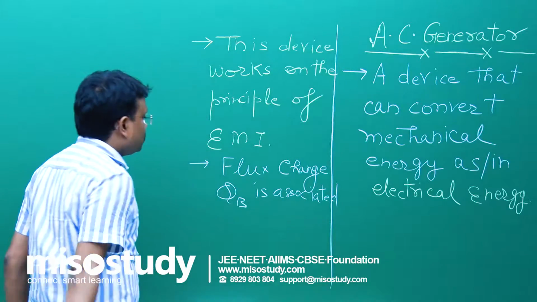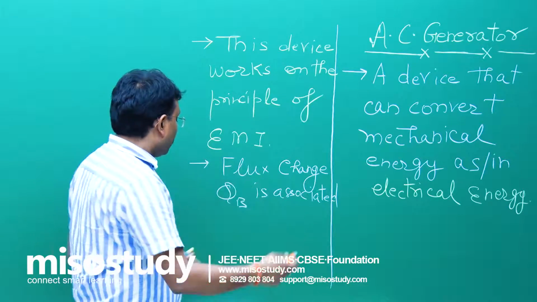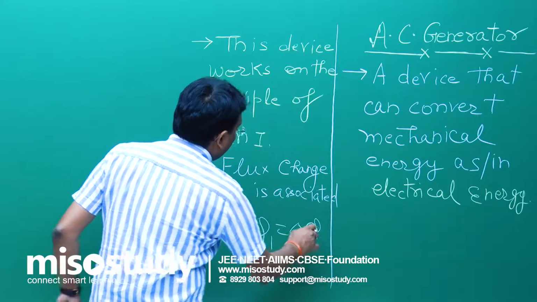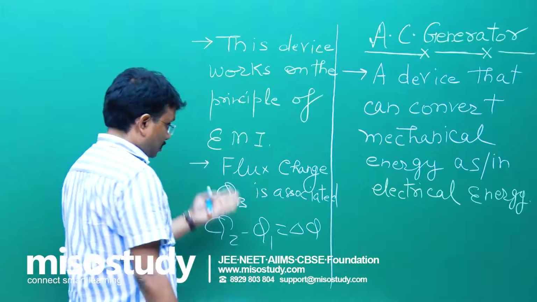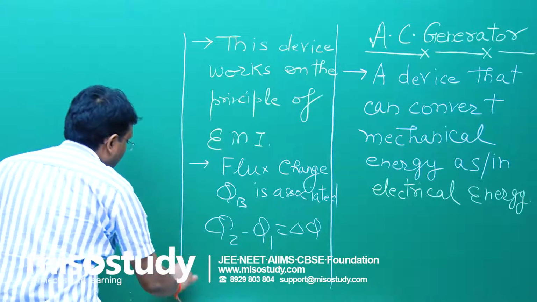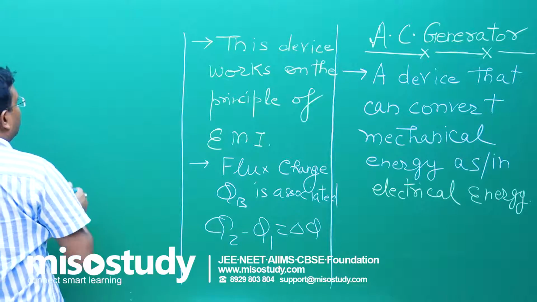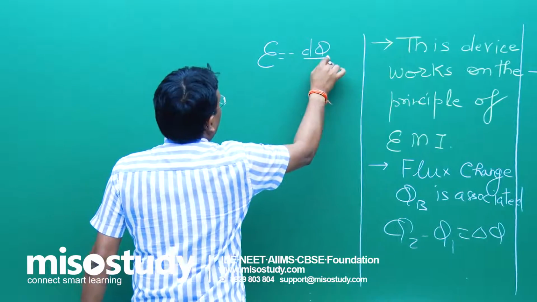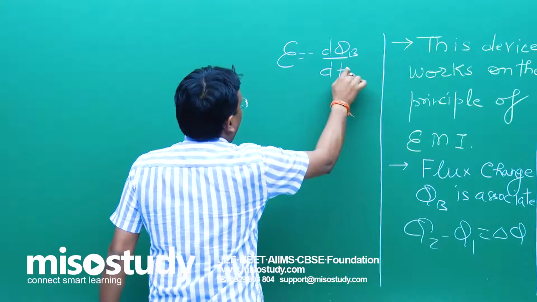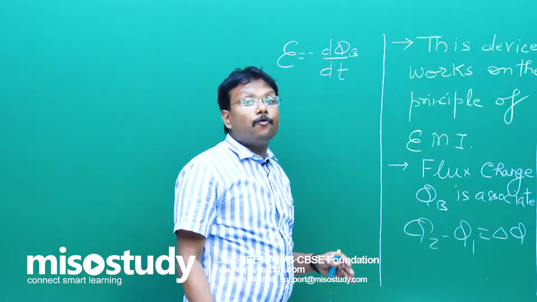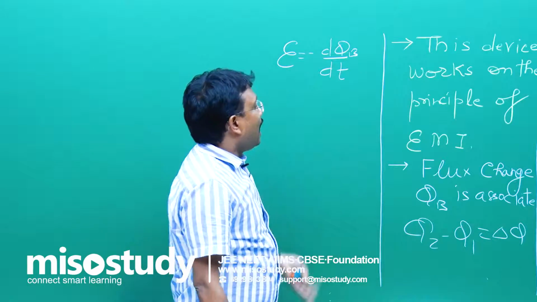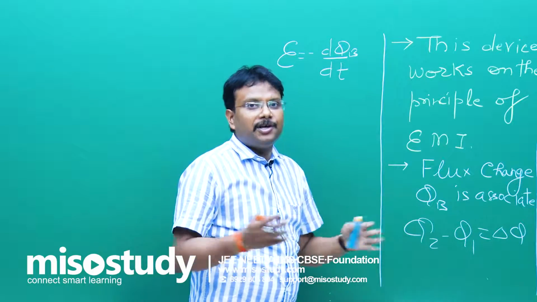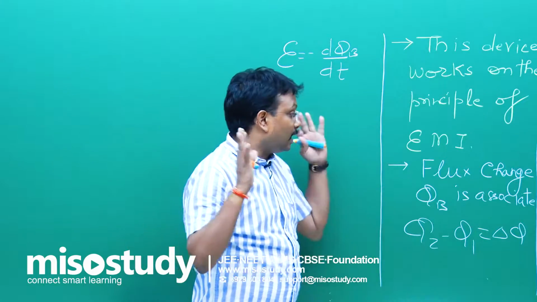It is phi 2 minus phi 1, so that is delta phi, and because of this change of flux, the induced EMF, which you know is given by minus d phi B by dt, is generated. Then current is produced and provided to industries, schools, houses, and so on.